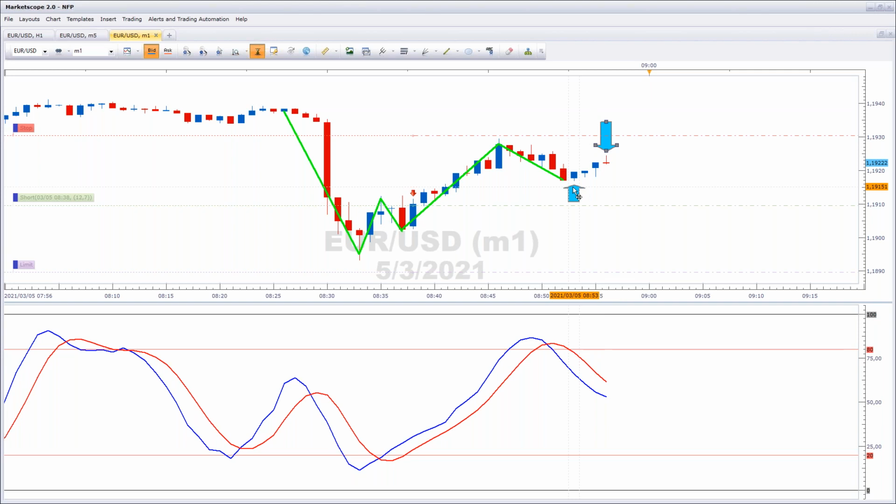Okay, we've got another potential reference candle here. Let's just wait for it to close up, see if it's still red when it closes up. Okay, there we go.